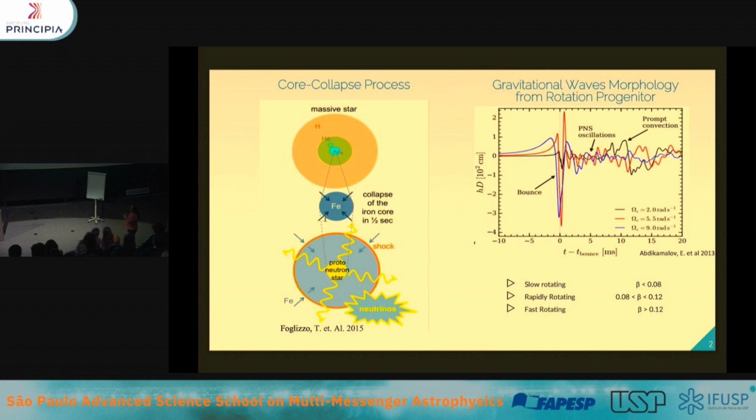And they define this parameter beta as the relation between the kinetic energy and the gravitational energy. So, okay.